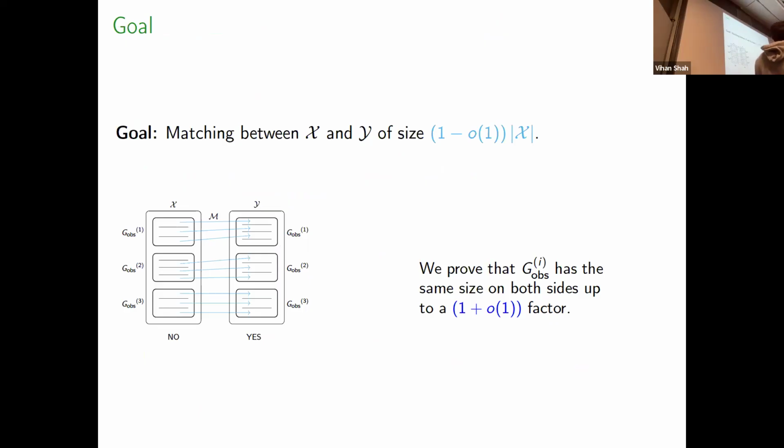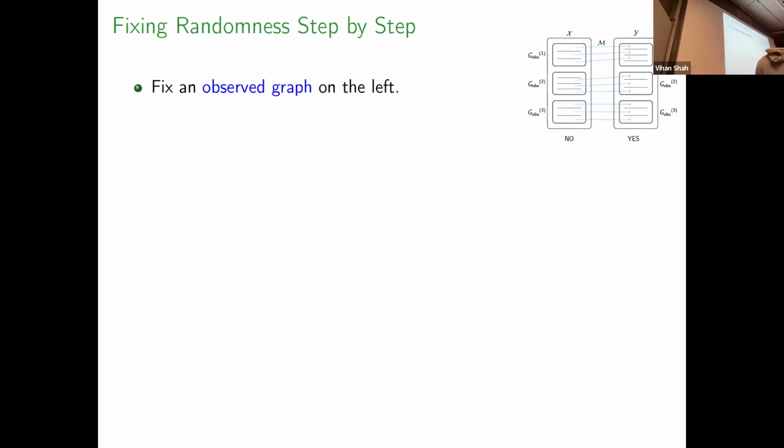So what we want to prove is that if you look at observed graph 1 here on left and right, its sizes are close to each other. And if we can show that for all the observed graphs, we will get what we want. We will get this large matching. But if you fix an observed graph on the left, how many nodes does it contain?